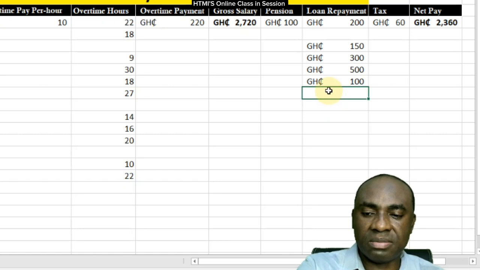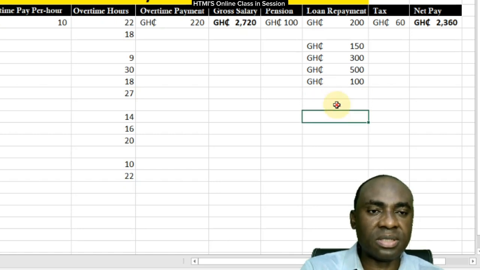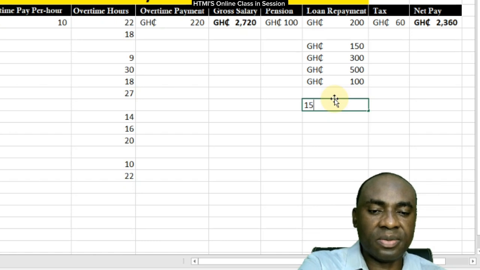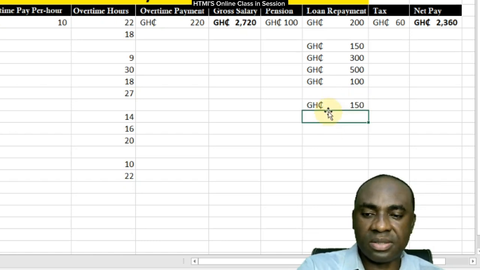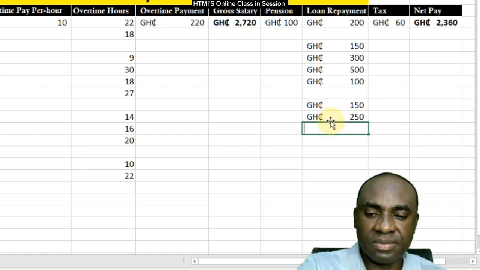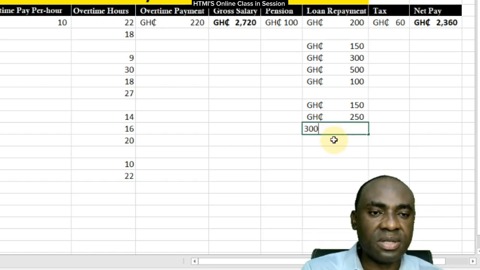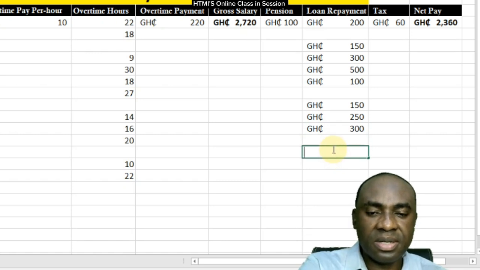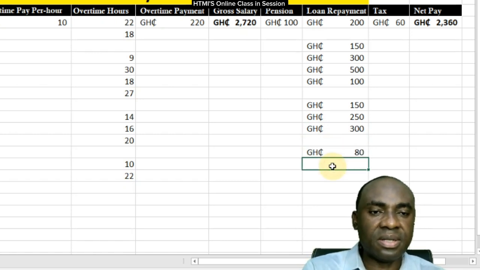The next one, no. The next worker has a 150 loan repayment. The next one has 250. Then the other one has 300 cedis. Another one, no loan repayment. The other one has just 80 cedis to do.